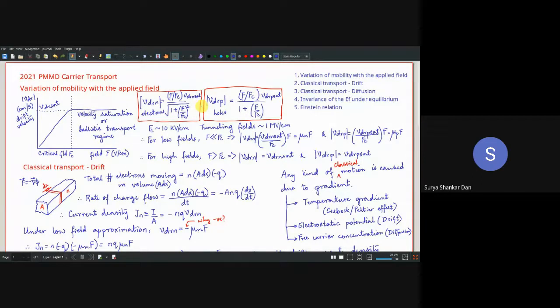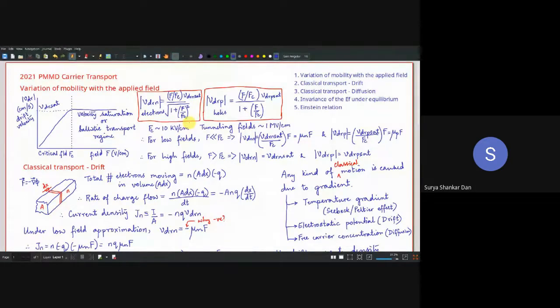So just keep these orders in mind, because depending on which device you are making and how, you have to ensure that the field achieved inside the device is less than 10 kilovolts per centimeter, to be on the safe side.